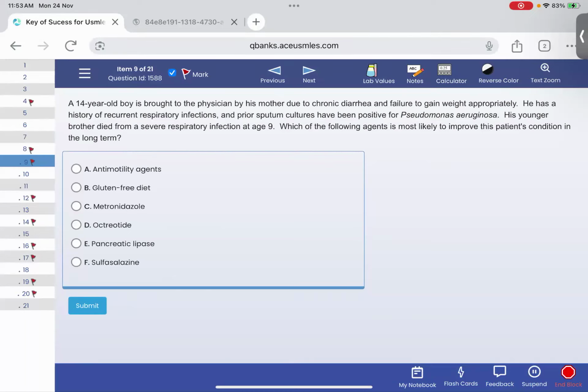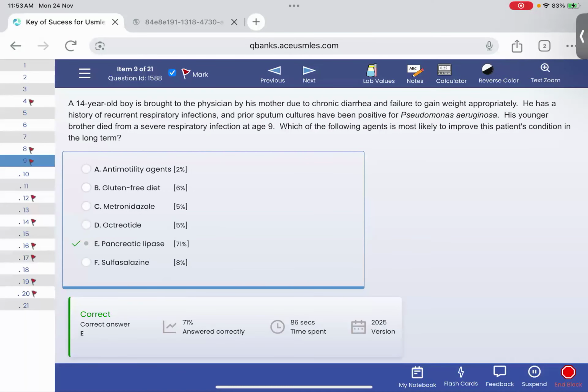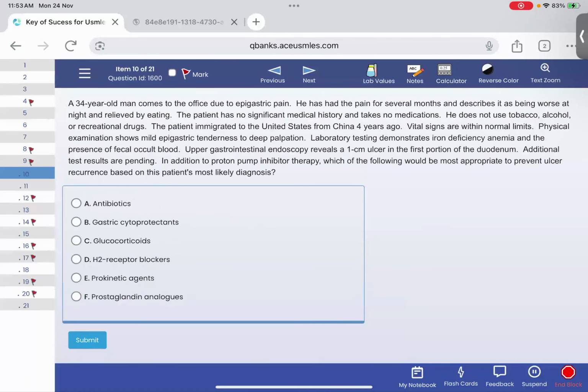So in cystic fibrosis, you have pancreatic insufficiency. So which drug will we give? E. Pancreatic lipase. Yeah, pancreatic lipase is the correct option. All right, next question.